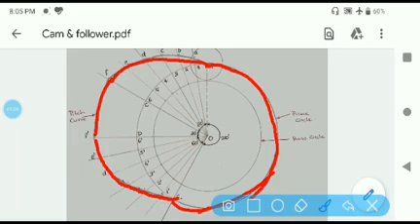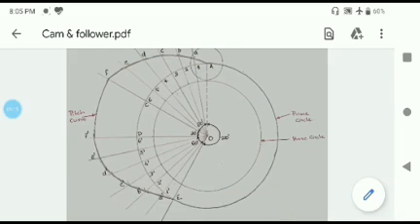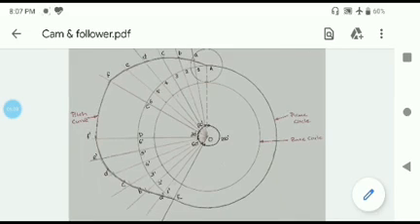So likewise, you get a profile which is known as what? This is not the cam profile. What you have drawn now is not the cam profile. This profile is known as the pitch curve. From the pitch curve, now we need to draw the cam profile.